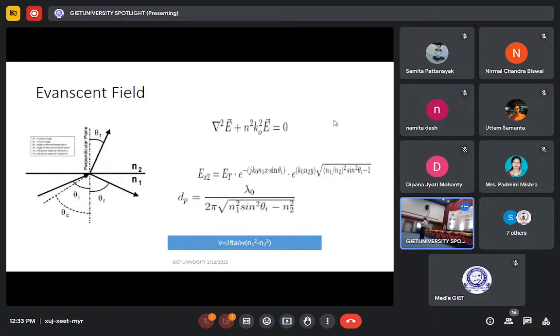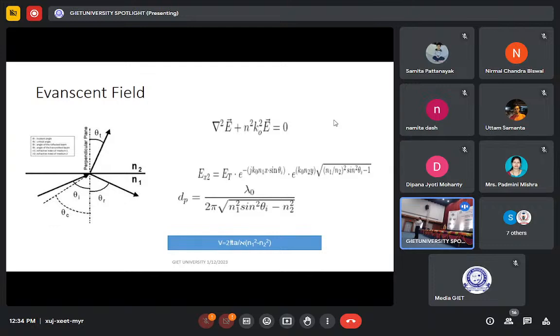So this is what you have to keep in mind: while using this sensor as an absorption sensor, you have to know the distance up to which the field will come out of the core. The second thing to remember is the different types of optical fiber, like single mode fiber and multi-mode fiber.